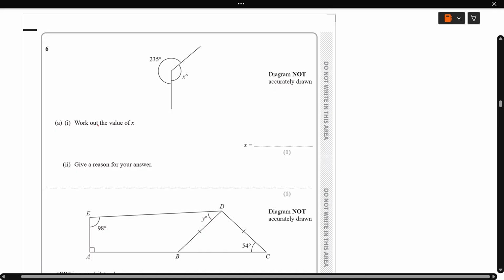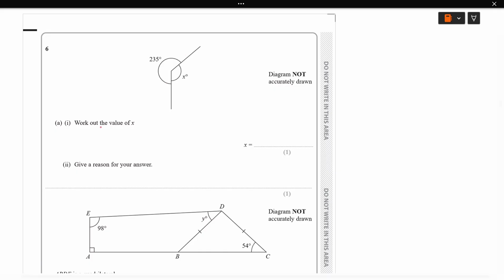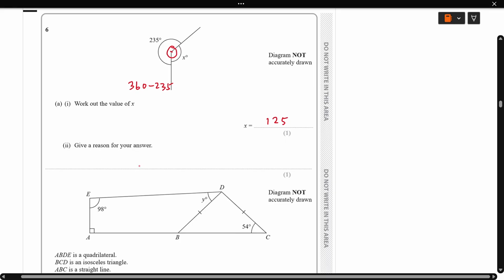Okay. There is an angle given, so work out the value of x. So the value of x, we write, that is a point. So the total angle is going to be 360. So 360 minus 235, we'll get 125. Give a reason for your answer.